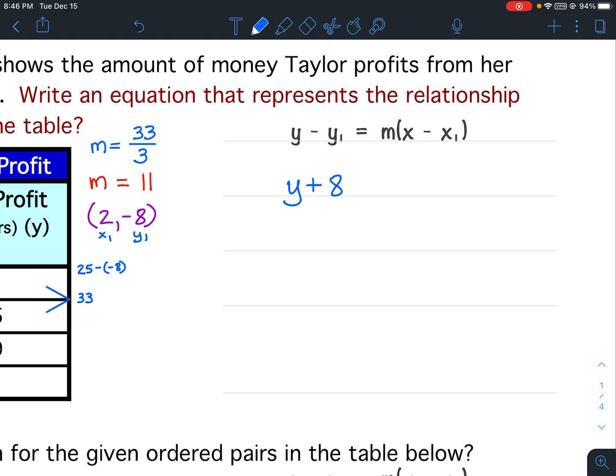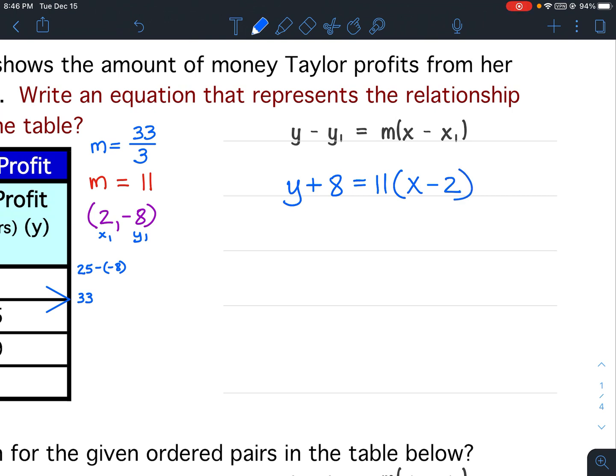I don't care which way you do it. Equals, the slope is that 11 right there. It's going to stay x, and then minus x1. x1 is this 2, so minus 2.